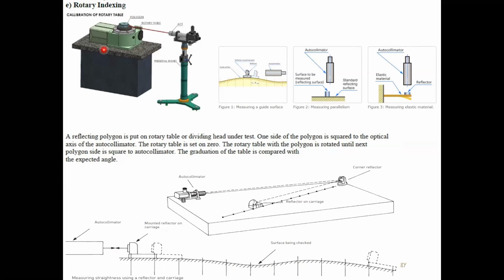CNC machines have adapters, and tool magazines simply hold the tools radially on the periphery. Suppose you want to divide the circumference of the work part into a number of equal divisions. In this case also, these autocollimators are used to mark equally. Rotary indexing is also possible by using this autocollimator.